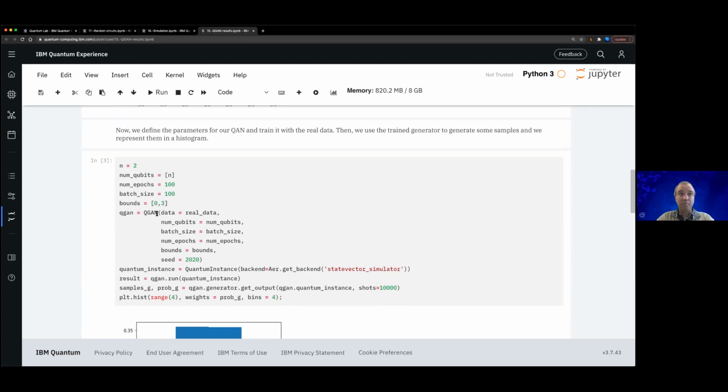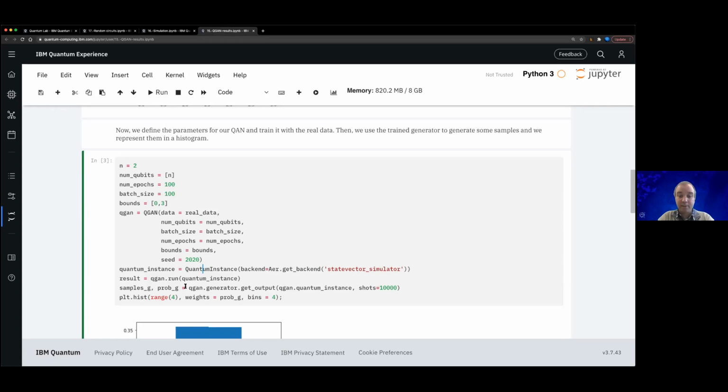Now, what I can do is to use the implementation in Aqua for the QGAN and define what is the real data that I'm going to use, the number of qubits, how many examples I want to use in each of the phases of the epochs in which we train the generator and the discriminator, what is the number of times that I'm going to train the discriminator and the generator, these bounds which are needed in order to know what is the lowest value that it's supposed to be generated and the highest value that is going to be generated.